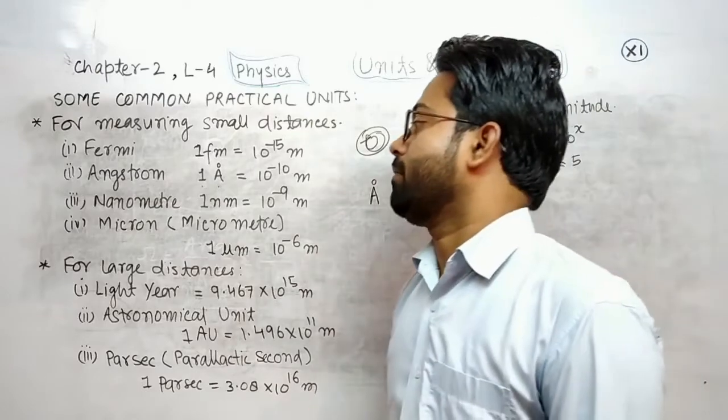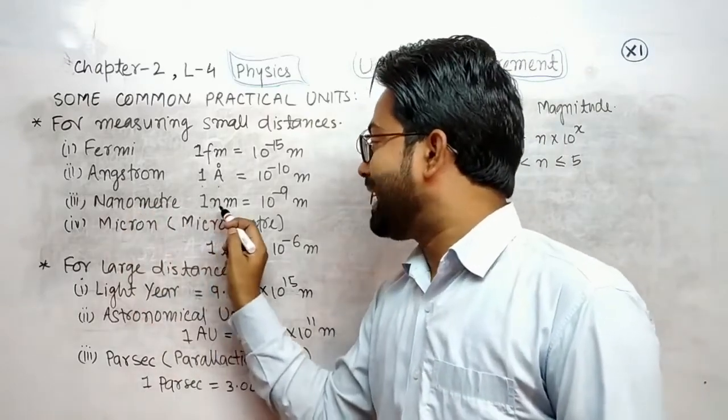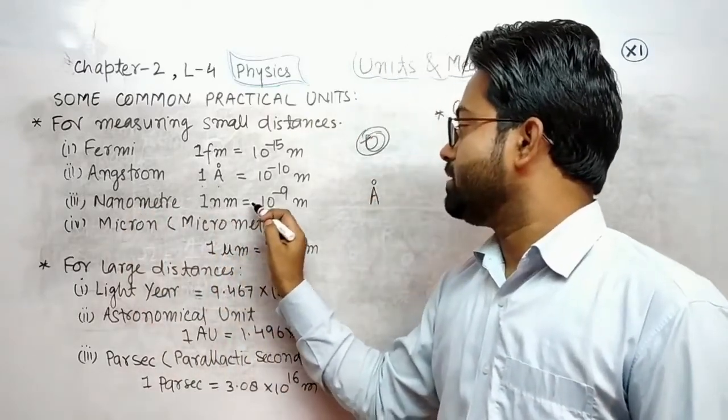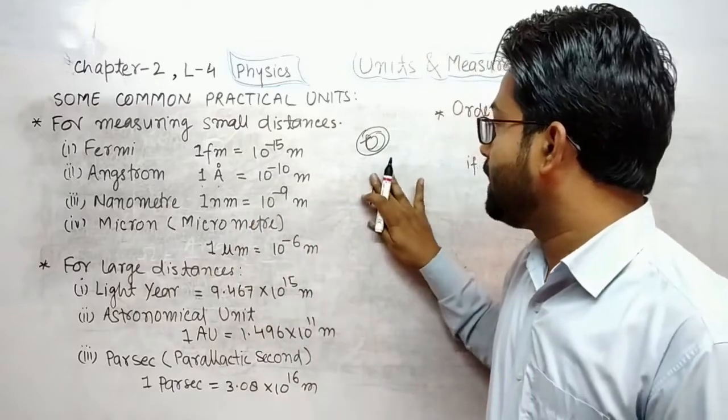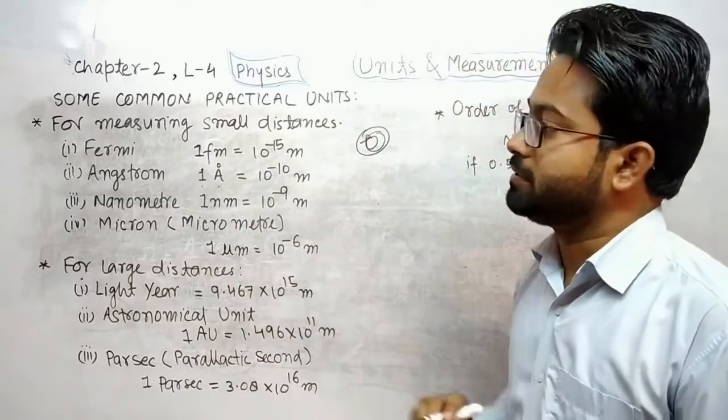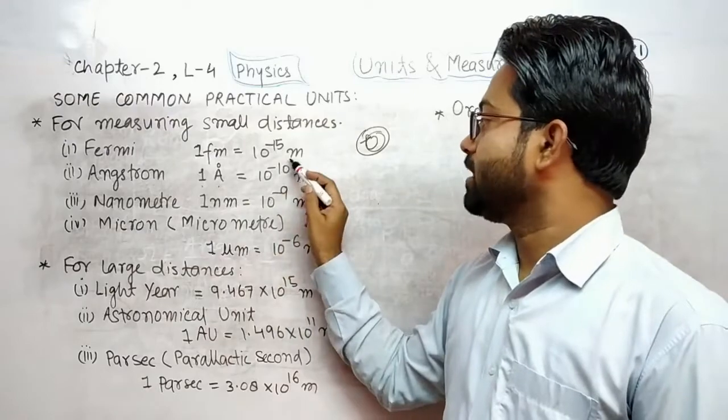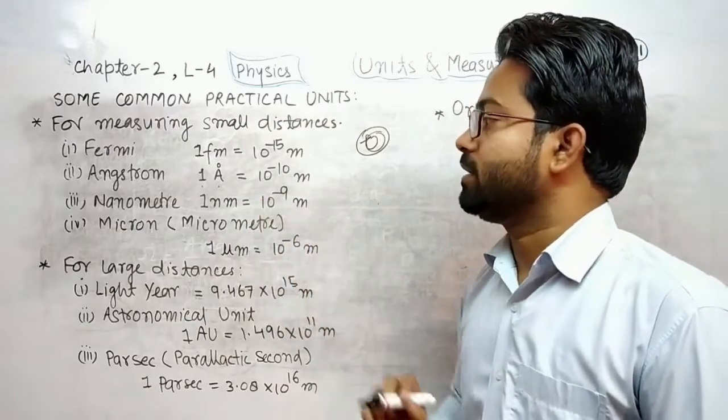That you need to remember. 1 nanometer, 1 nm, is equal to 10 to the power minus 9 meter.